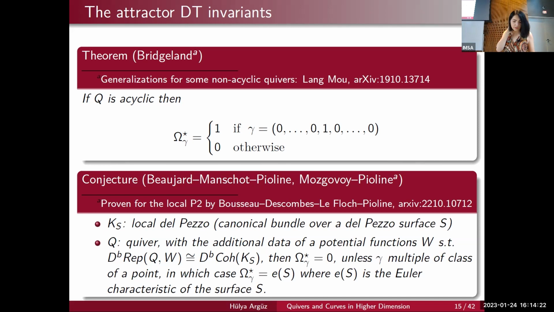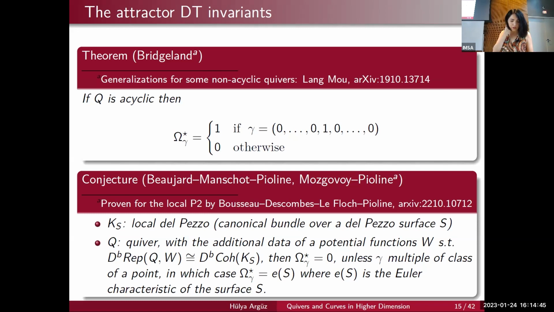And here I'm identifying the space N with the cohomology of the local del Pezzo. And if it is the class of a multiple of a point, the DT invariants are going to be equal to the Euler characteristic of S. And there's a small typo here.